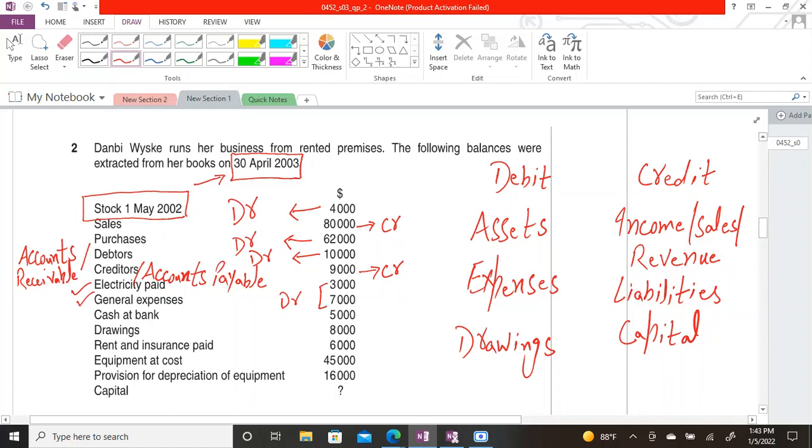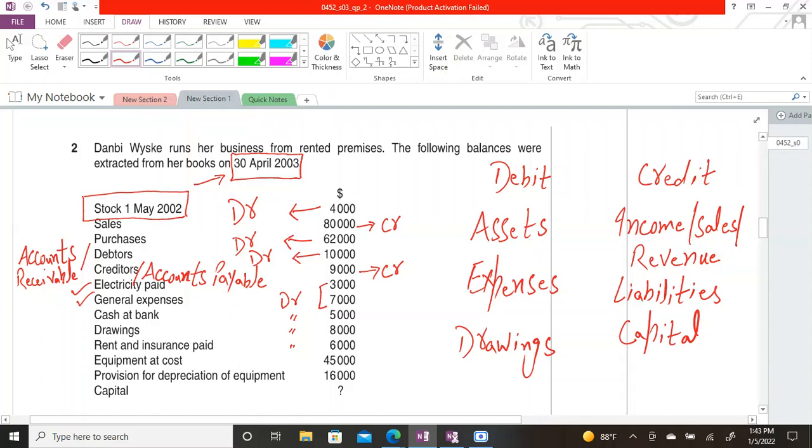Cash at bank is an asset, so it is also debit. Drawings, it is also debit. Rent and insurance, both of them, they are expenses, so it is debit. Equipment at cost, this is also our asset.